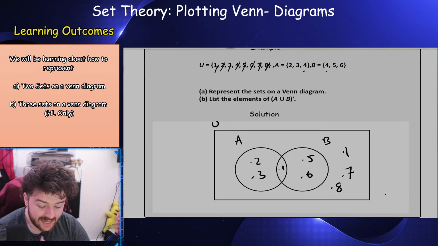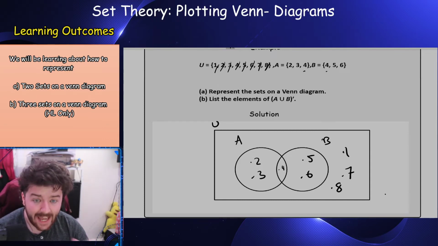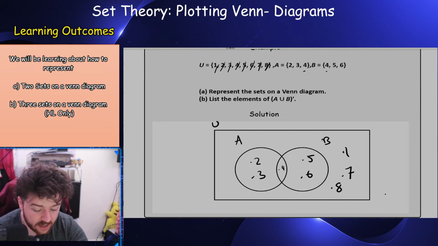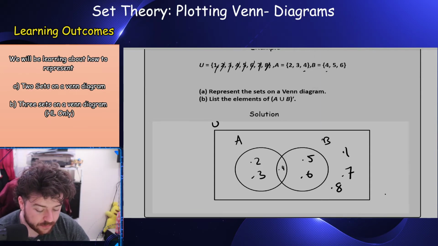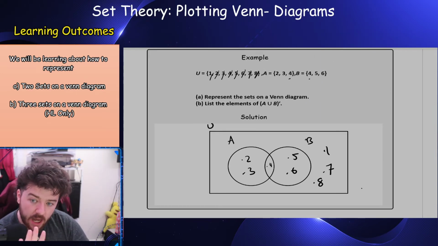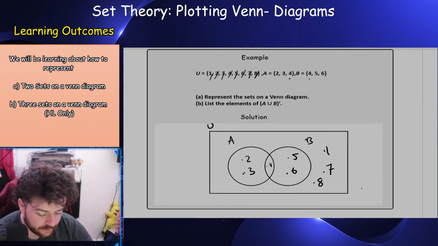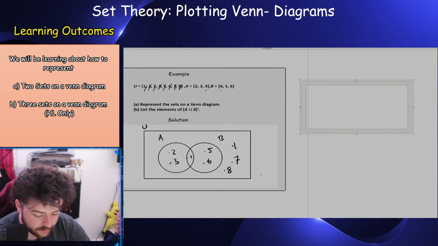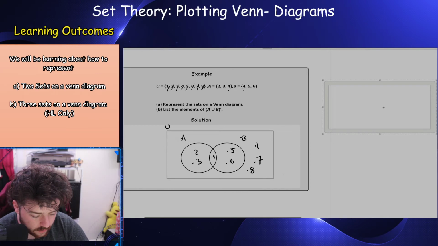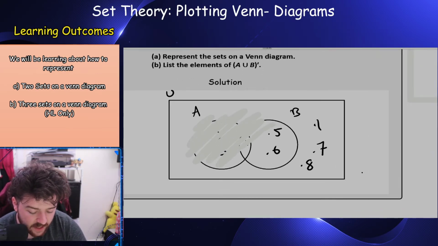Then part B, list the elements of A union B complement, i.e. all the elements that are not in A union B. So literally, just cover the two circles with your hand.